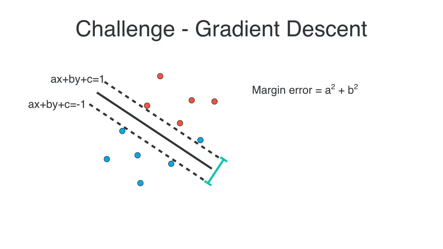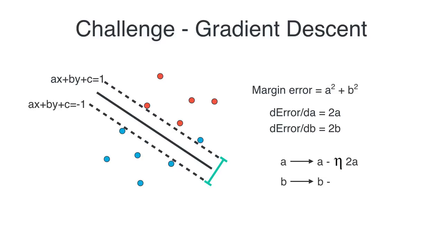This is a very simple gradient because the derivative with respect to a is simply 2a, because of a squared plus b squared, the derivative with respect to a is 2a, and the derivative with respect to b is 2b. Therefore, our gradient descent step takes a and sends it to a minus the learning rate eta times 2a, which is the derivative, and does the same thing with b.